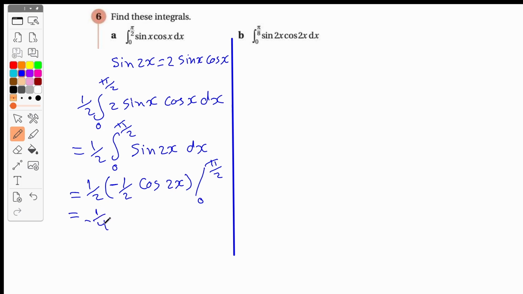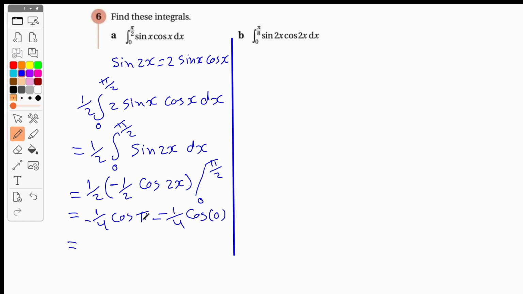It's negative quarter, and we should what? Plug in pi over 2. So it will be cosine 2x, which means 2 times pi over 2. That will be pi. Then minus, again, we need to plug in 0, negative quarter minus negative quarter, okay? Cosine 2x means 2 times 0, which is 0.